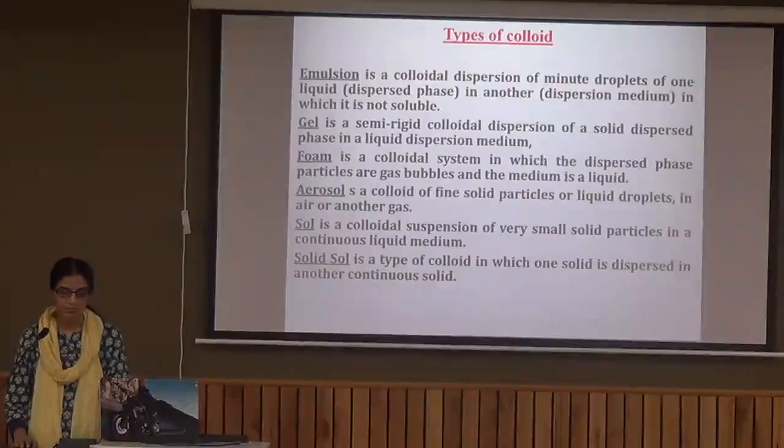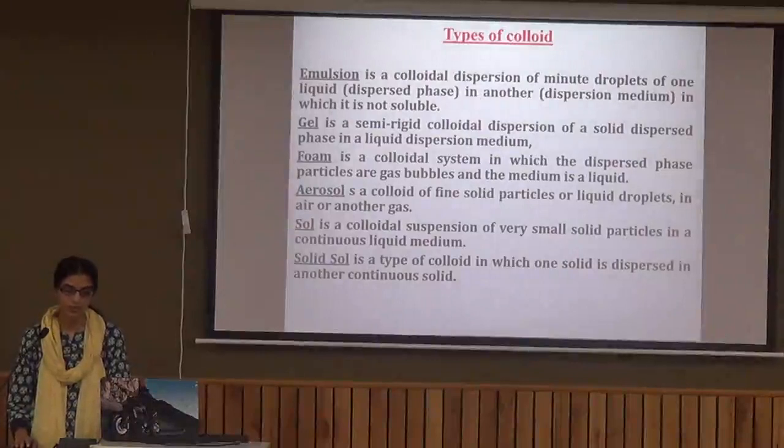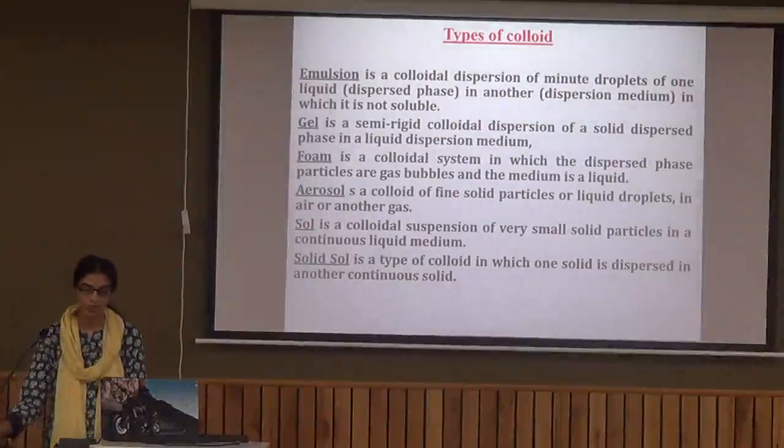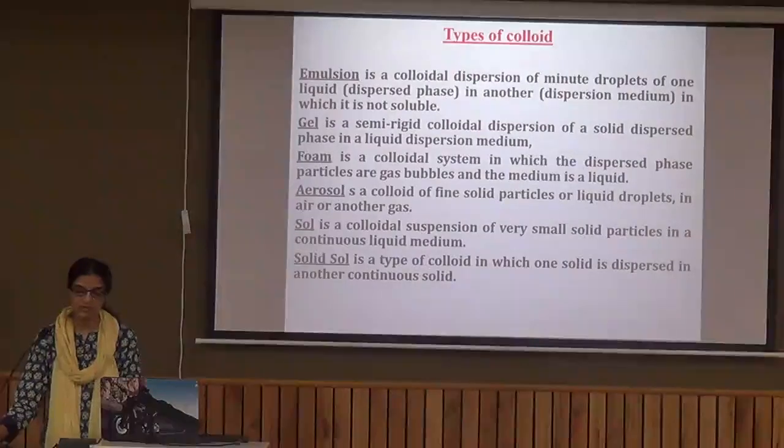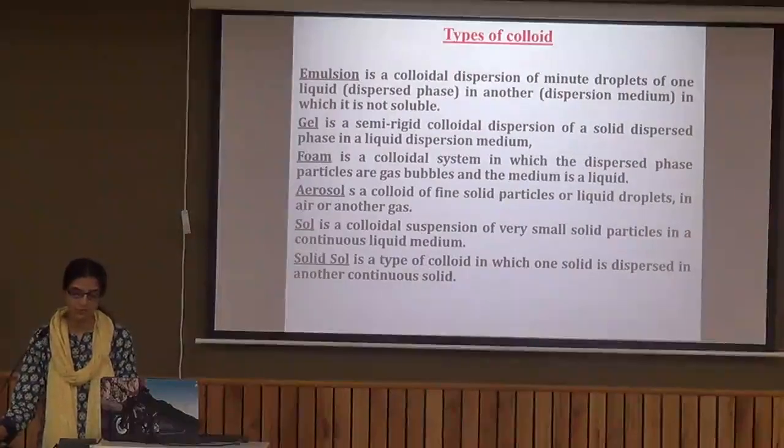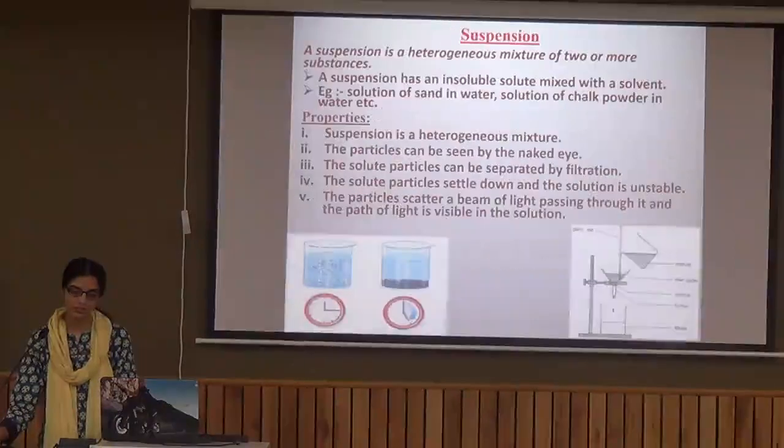Then we have types of colloid like emulsions, foams, aerosols, solid gel, solid sol, etc. These are colloids where there is a difference in dispersed phase and dispersing medium, and according to this they are categorized into different categories.